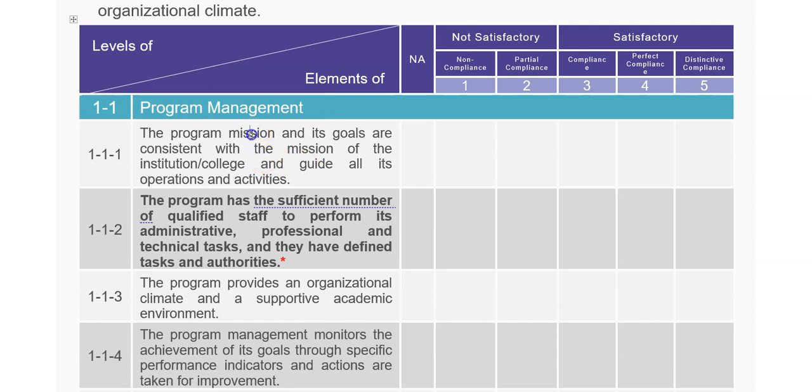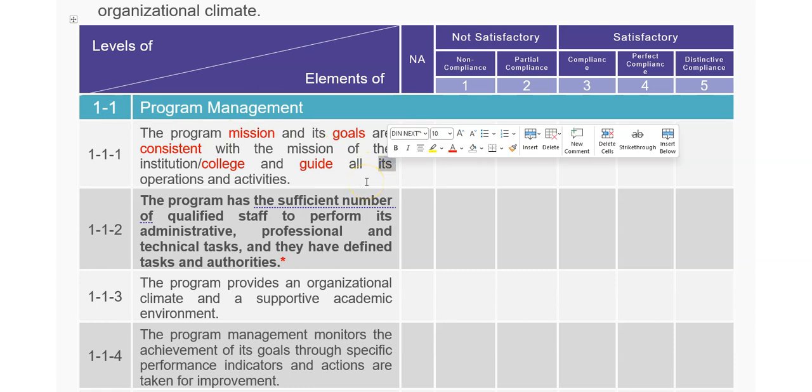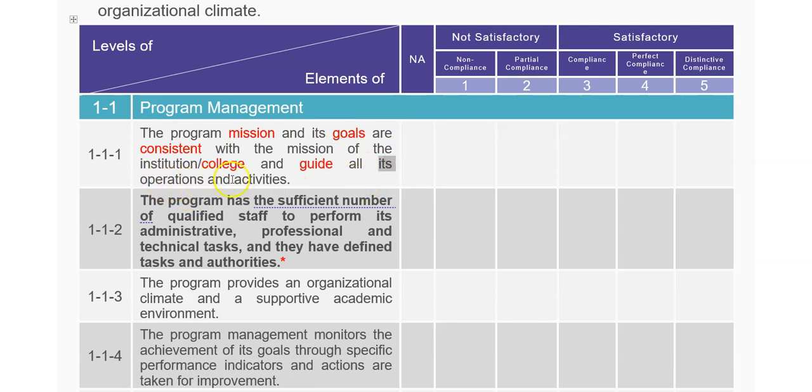It is about the mission, it is about goals, and it is about its consistency with the mission of the college or institution, and also that your mission and goals guide all its operations and activities. So it refers to all the program's operations and activities.